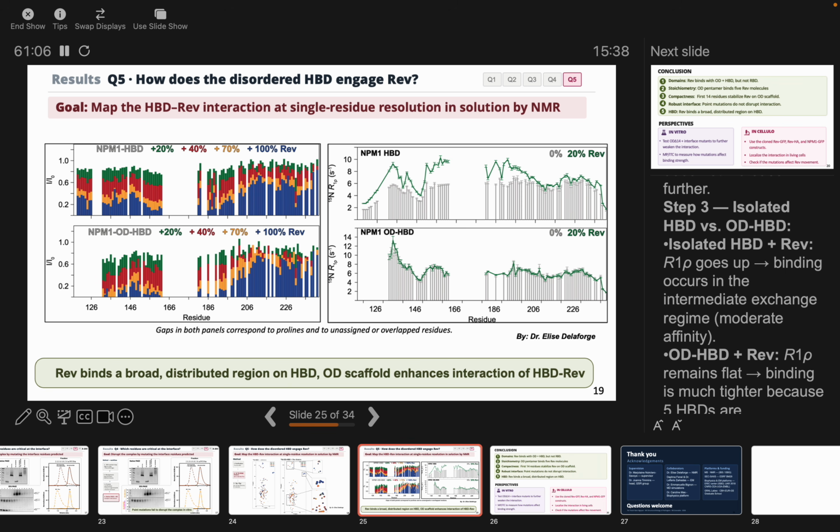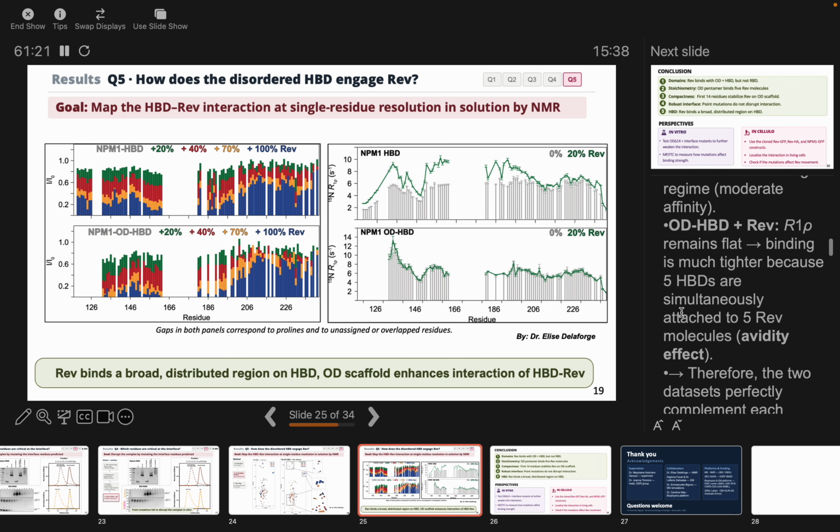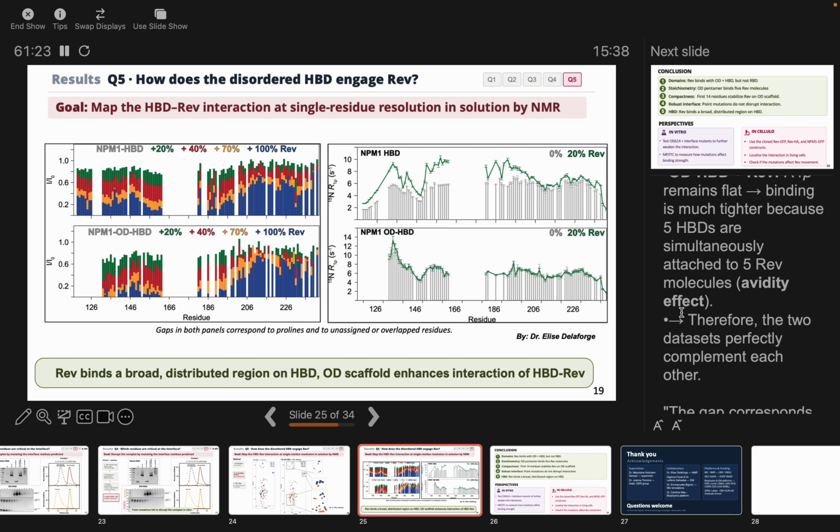So if there is really an interaction, the movement of the protein will be restricted, so it's slower. And with the ODHVD, she said that it extends toward the slower, so the exchange is slower, showing that the affinity is perhaps higher when you have OD and HBD.